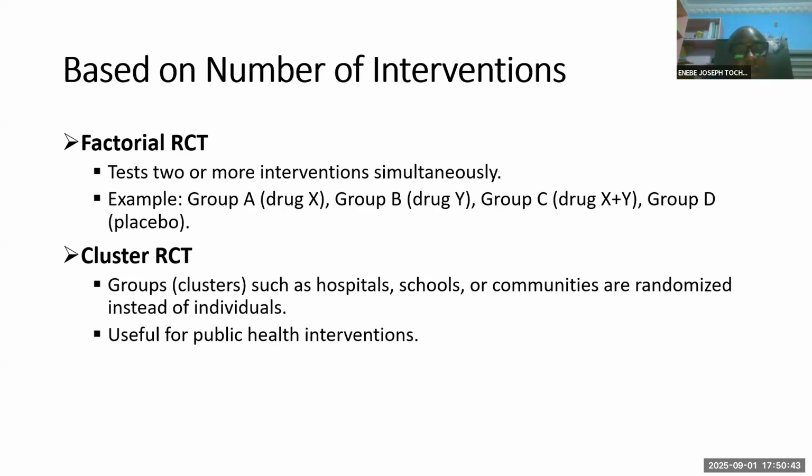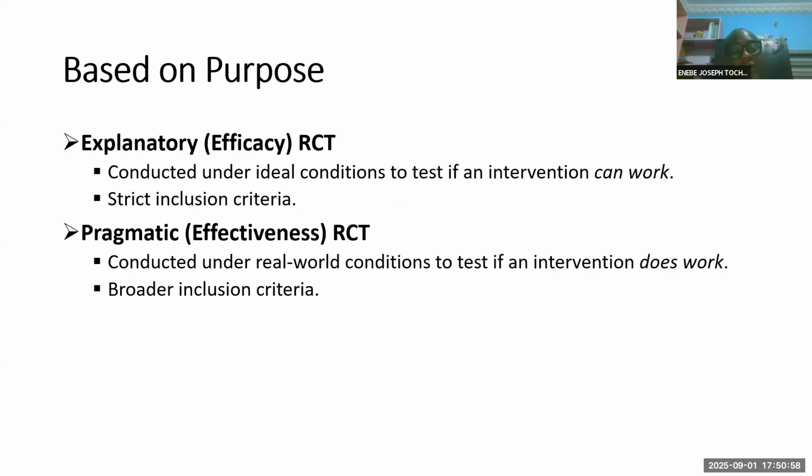So you have to randomize by those schools, not really individuals. Now, this is very useful in public health, like I said, maybe something like a school feeding policy. You want to know whether it's effective or not, so you can use this. So you can also see randomized control trials that test efficacy.